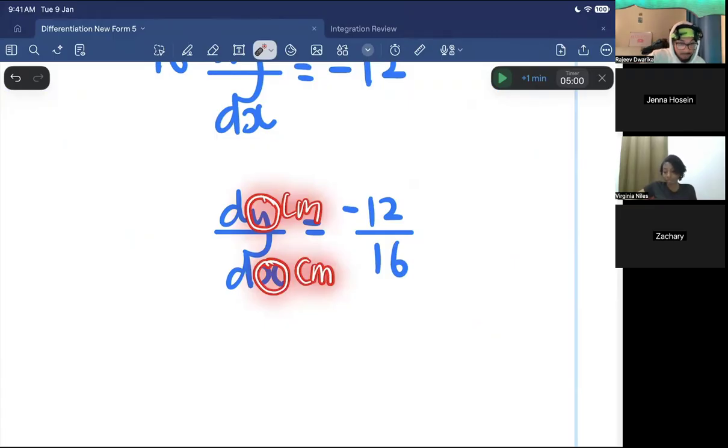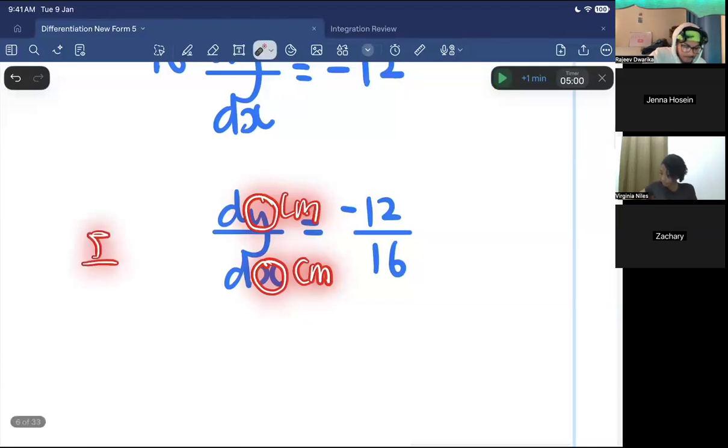Centimeters squared, or just centimeters? If you had 5 over 5, would you say 5 squared? What do you say? 1. They just cancel off, right? So that's dimensionless. That's a ratio.